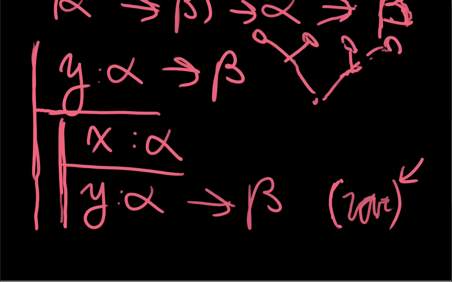Then you combine some of your assumptions and you reach some conclusion. Assuming stuff in simple type theory amounts to taking something from the context and declaring that it exists, sort of. And that's the var rule.